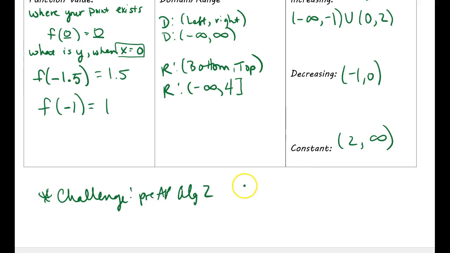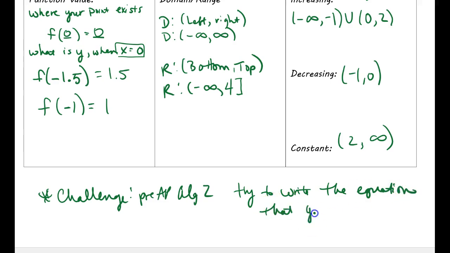It would be awesome if you have time to try to write the equation that goes with the picture, okay? One of them's way harder than the other, but I think the first one you could probably do. So that is something that I'll probably show you the answer in my video for, even though it's not asked, just so you can see if you did that right.